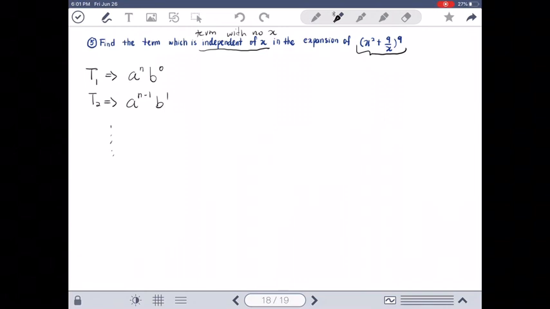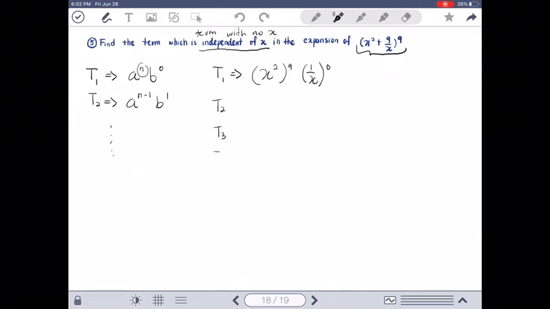In this case, just have a look at the pattern of x. So basically, term number 1, we will get a to the power of n, which is 9, b, which is 1 over x to the power of 0. That is for the first term.